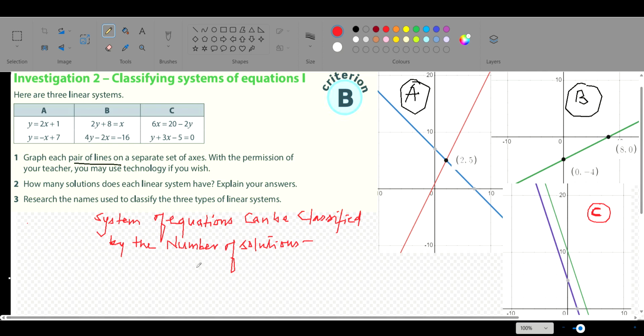If the system has at least one solution, then it is said to be consistent. So this one is consistent.